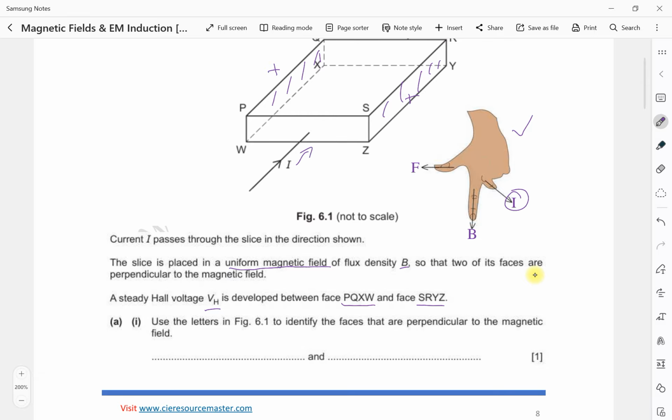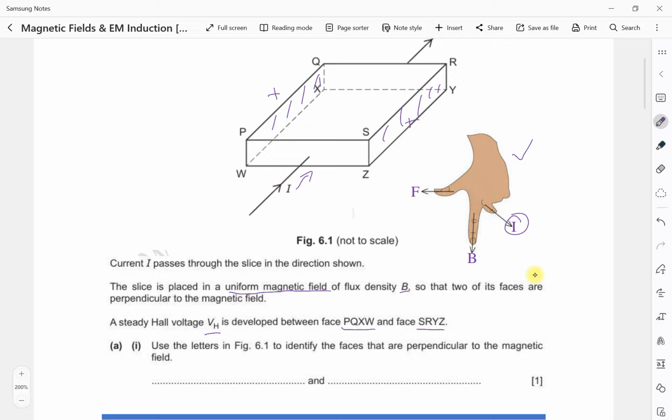Then the thumb points in the direction of the force on the positively charged particles. If we are using Fleming's left-hand rule, with the second finger pointing in the direction of current, then the thumb points in the direction of the force acting on the positively charged particles.